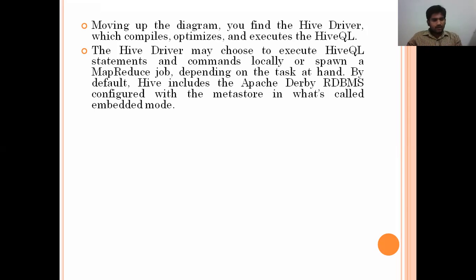We already know that there are three different ways of running Hadoop. Do you remember? Hadoop runs in three different modes: the local mode, the pseudo mode, and the fully distributed mode. I showed this in the last class.